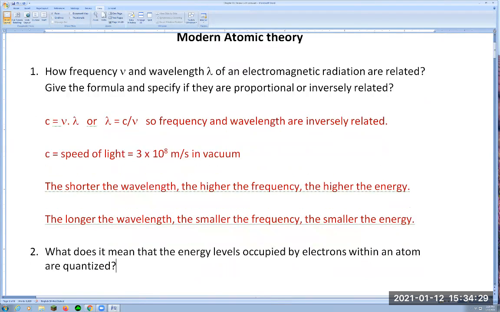And we know from what we learned in this chapter that electrons are not randomly distributed. They are in shells and subshells and orbitals. And when they occupy a given shell, or actually a given orbital, they will have a given energy associated with it. So because of that, we said that the energy levels are quantized.